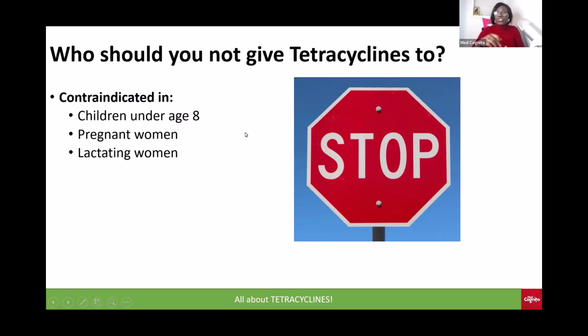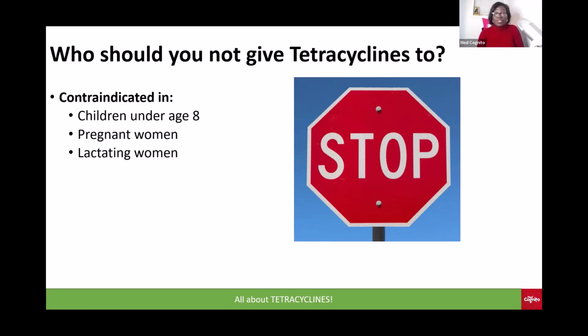So who would you not give tetracyclines? This is a very important NCLEX tip, and pay close attention to this. Tetracycline is contraindicated in children under age 8. We just said that tetracycline will slow bone growth.